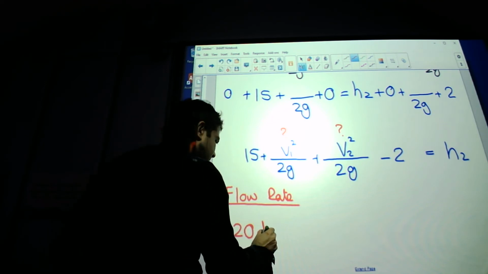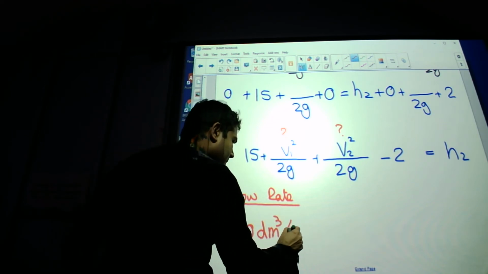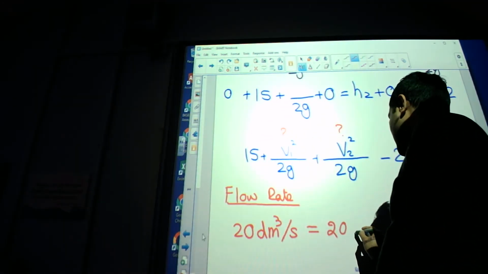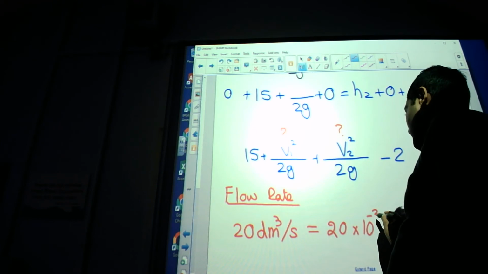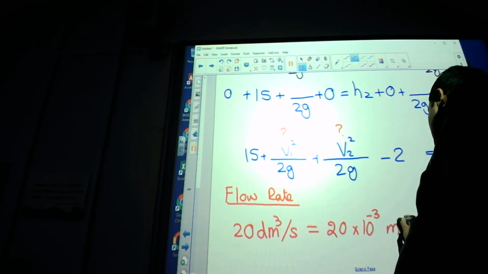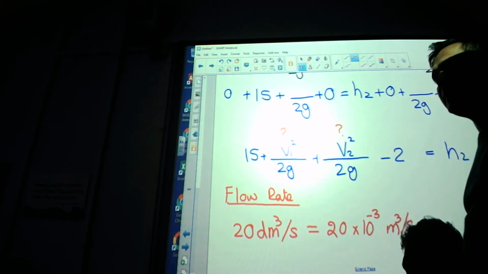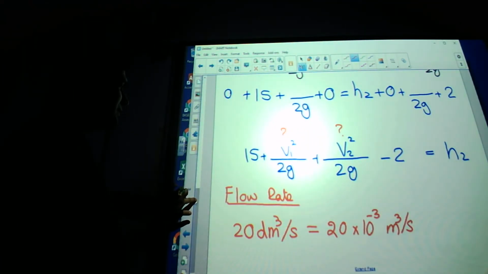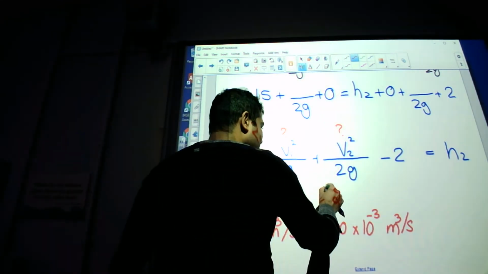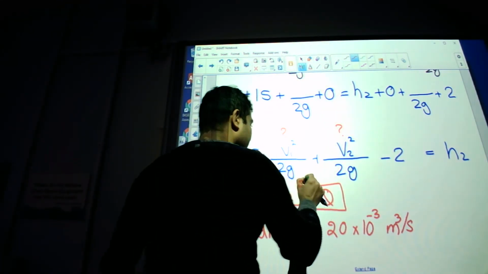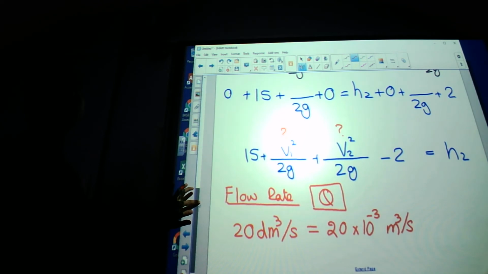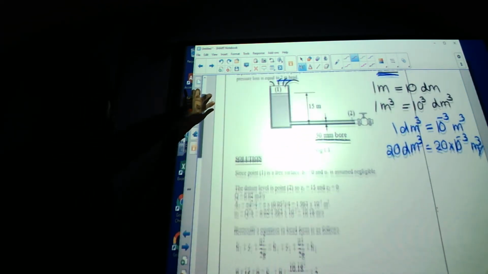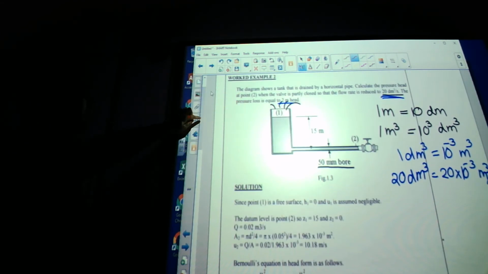So 20 decimeter cube per second is equal to 20 times 10 to the minus 3 meter cube per second. So I got that done. I'm going to call the flow rate Q. It's not the Q as in heat; flow rate is also known as Q. So I converted the flow rate.